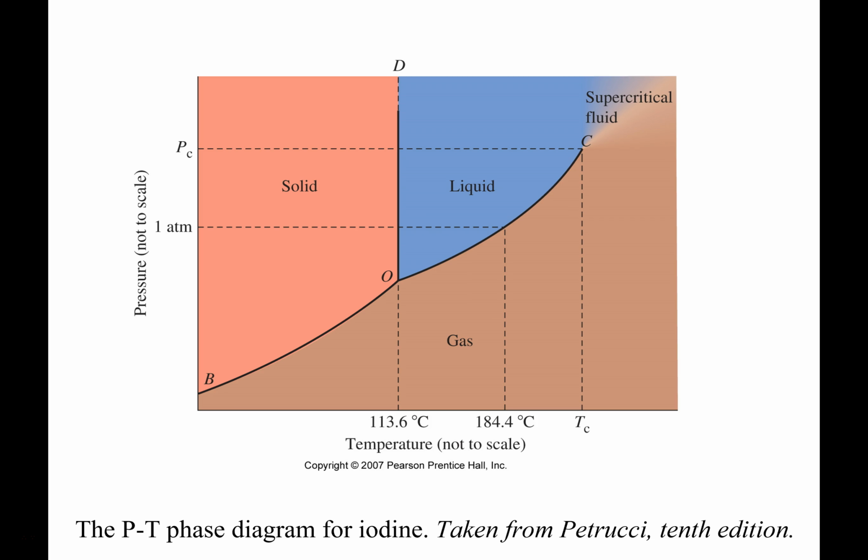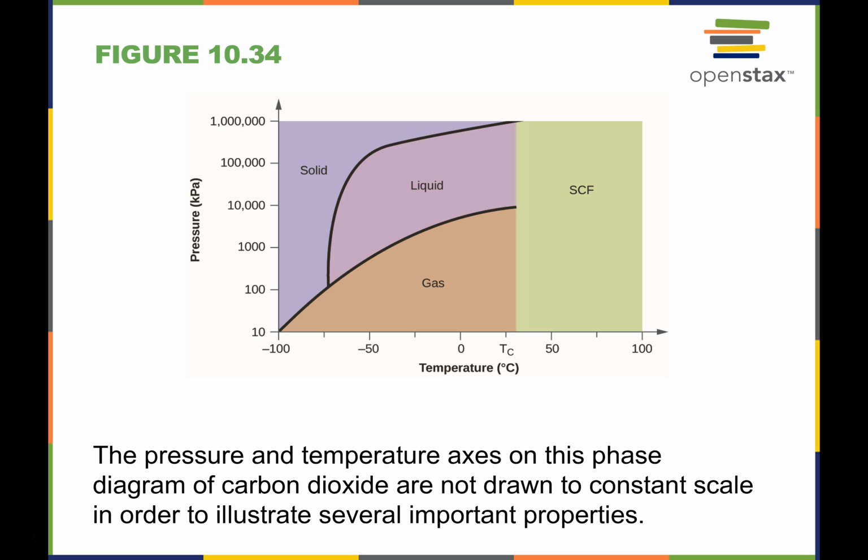This one is for iodine, and you can see the abrupt end to the equilibrium vapor pressure curve. That's your critical point. I mentioned before it has a critical temperature and a critical pressure, and beyond that, it's a supercritical fluid. So that's the way I think of it. Now your OpenStax does this, which maybe is right. I guess I have to think more about it.